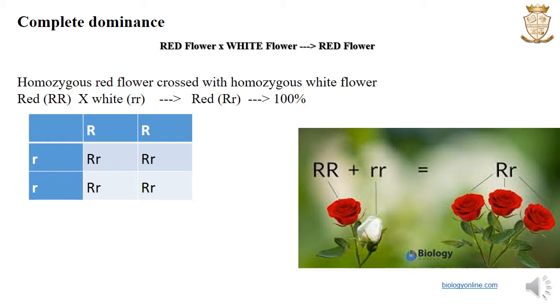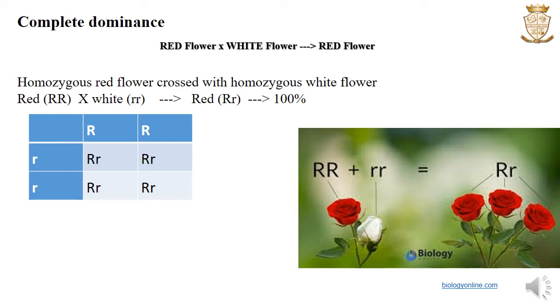For example, in a cross between a red flower and a white flower, he always obtained a red flower. A homozygous red flower crossed with a homozygous white flower, the result was a heterozygous flower whose color was red, determined by the dominant red allele.